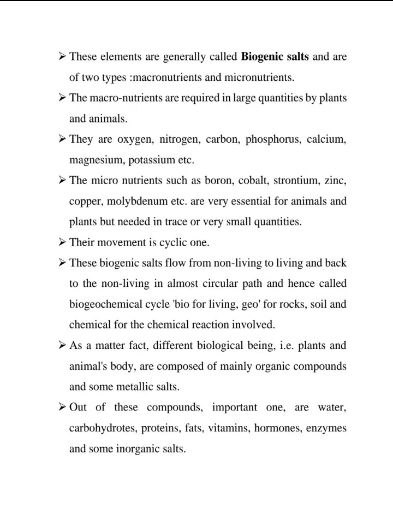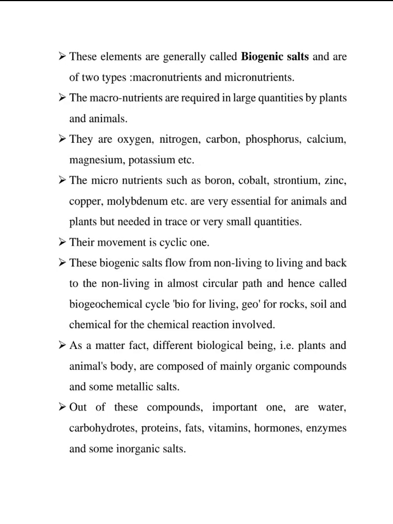Their movement is cyclic. These biogenic salts flow from non-living to living and back to the non-living in an almost circular path and hence are called biogeochemical cycles. Bio for living, geo for rocks, soil, and chemical for the chemical reactions involved.